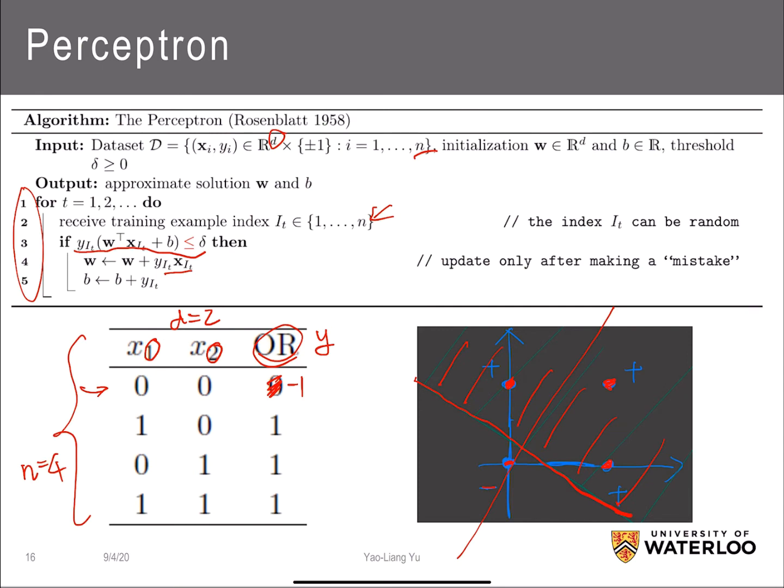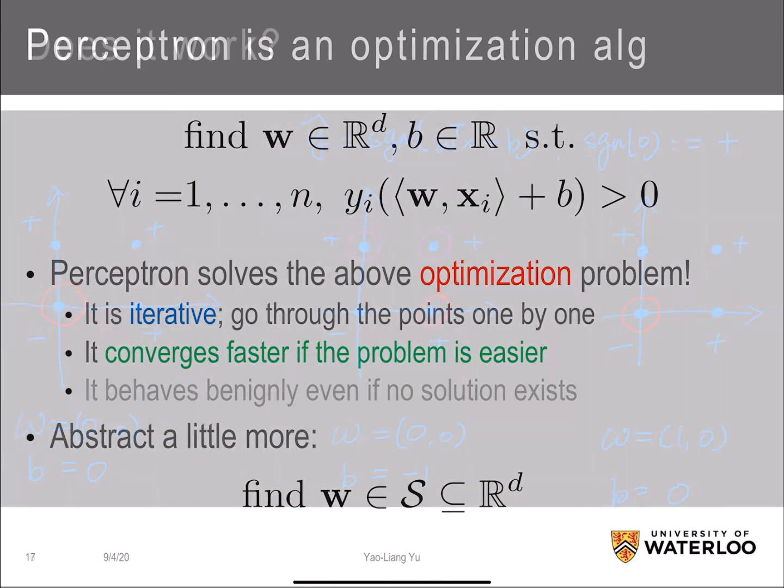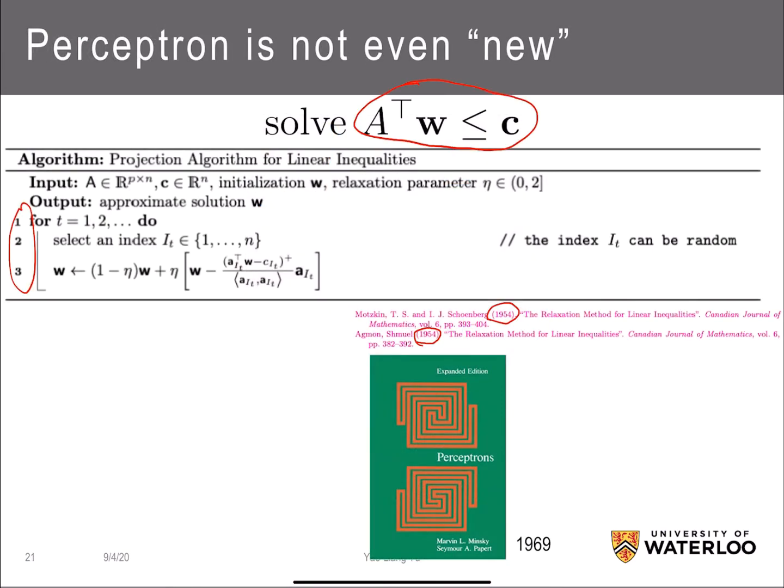I think he started the work a little bit earlier than 1958, so it's around the same time. But this algorithm here is actually more general. Another nice thing about this algorithm is that it was actually published in the Canadian Journal of Mathematics. So I think this is another evidence that Canadians are extremely strong in AI and machine learning.